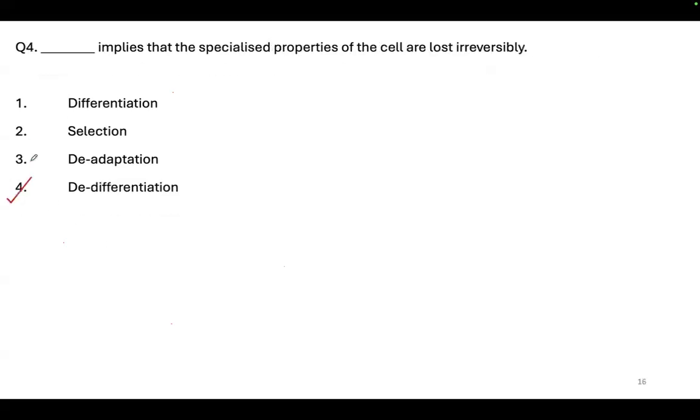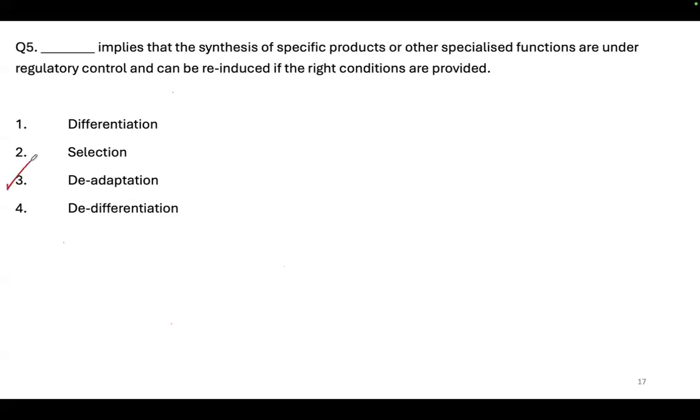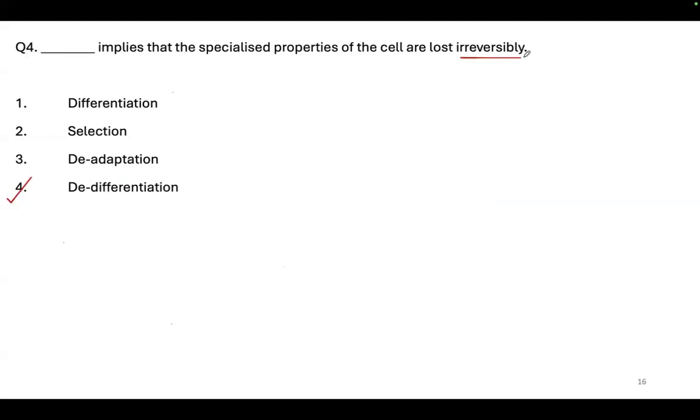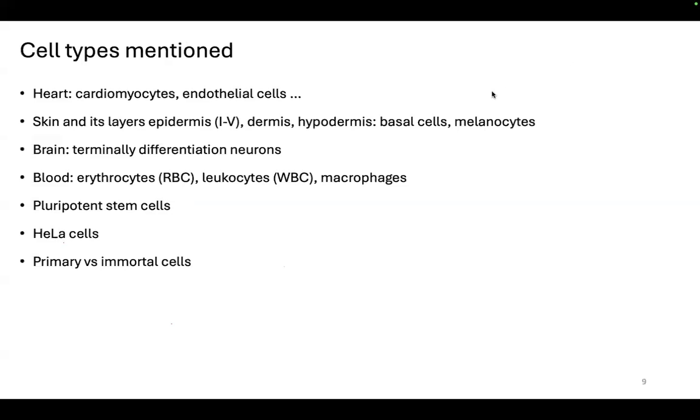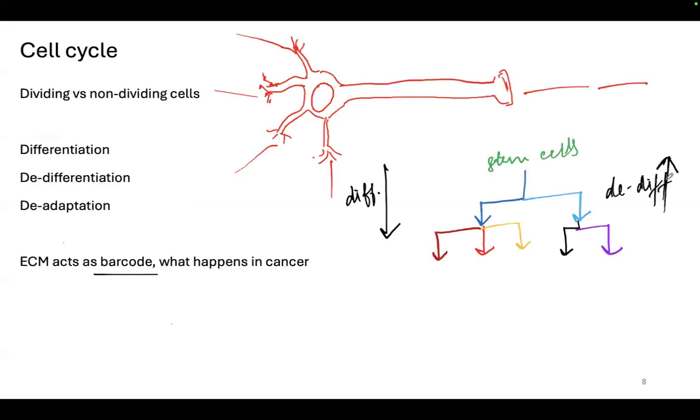Questions 4 and 5 are confusing, but just see. When we talk about irreversibly, we're talking about differentiation. Unless you provide some specific things, normally they can't grow back.